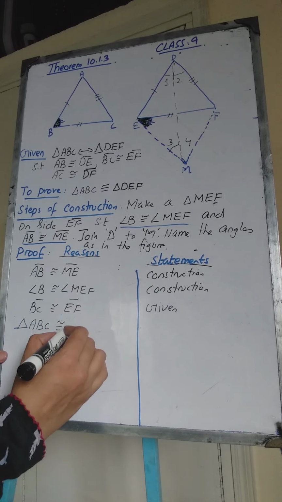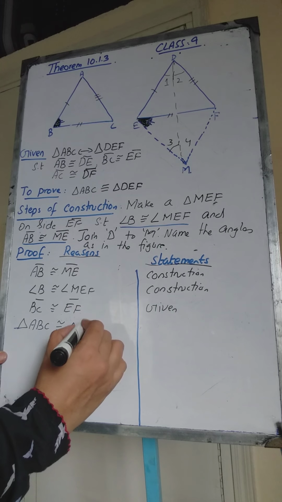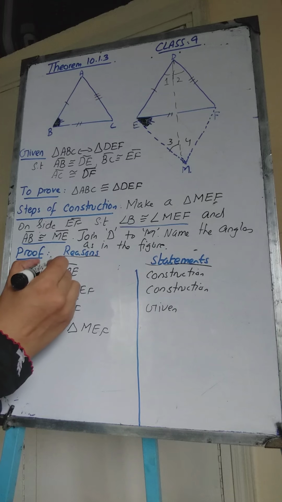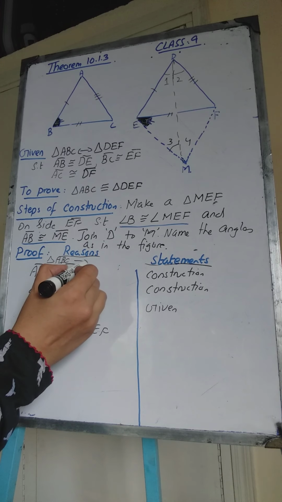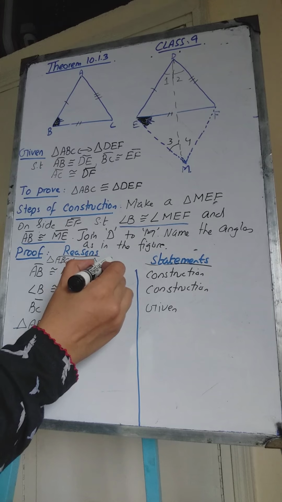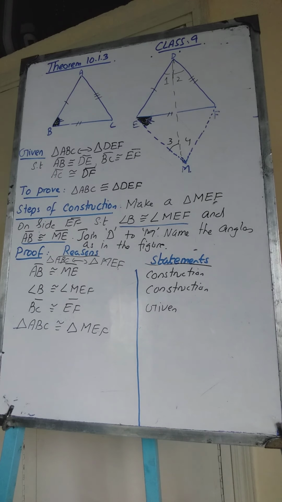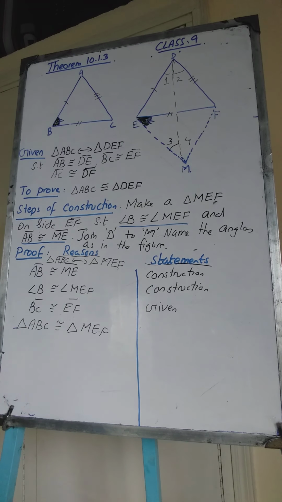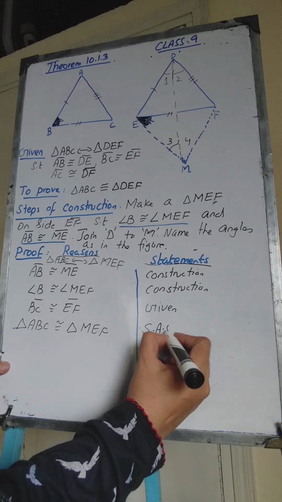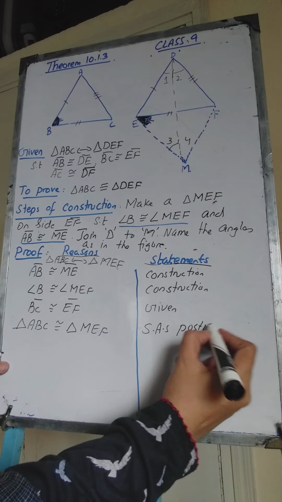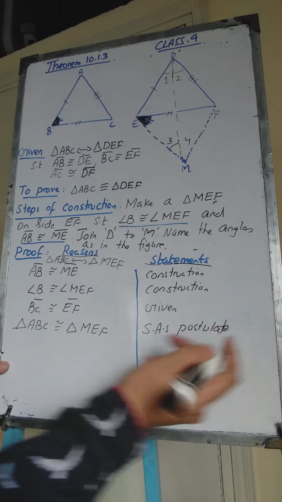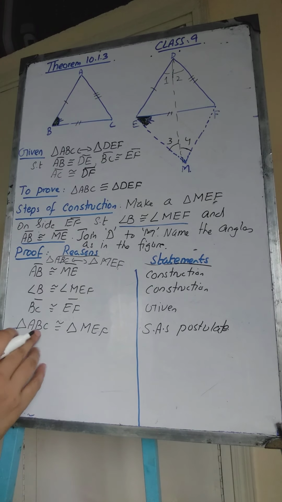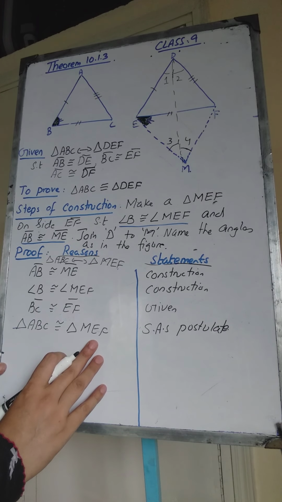Triangle ABC is congruent to triangle MEF, and here first we should have taken the correspondence. ABC corresponds to triangle MEF. So it means triangle ABC is congruent to triangle MEF. This is by SAS postulate. Now as both the triangles are congruent, therefore their corresponding sides are also going to be congruent.